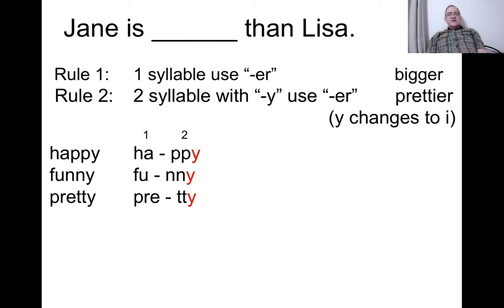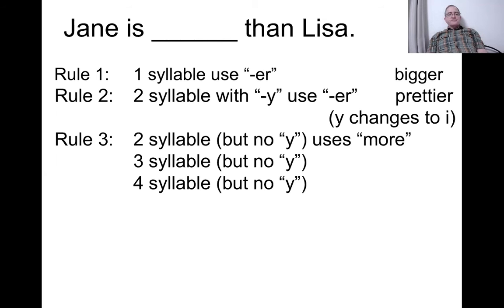The Y changes to IER. Now, rule 3 says if you have two syllables but no Y, it uses more. If you have two syllables or three syllables or four syllables with no Y, it uses more.